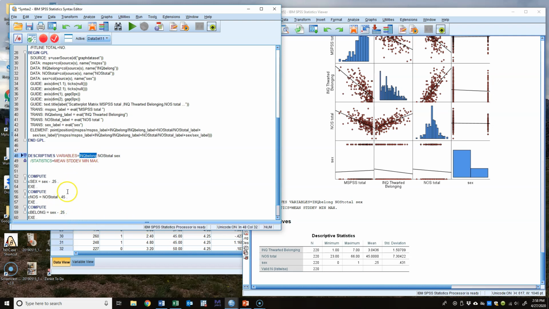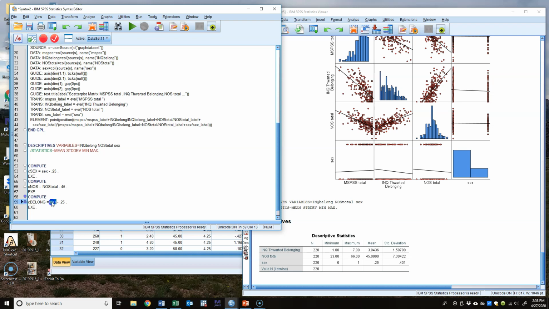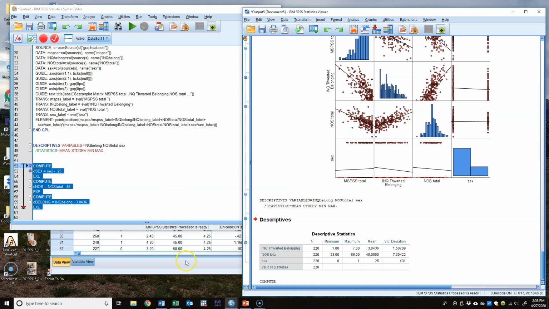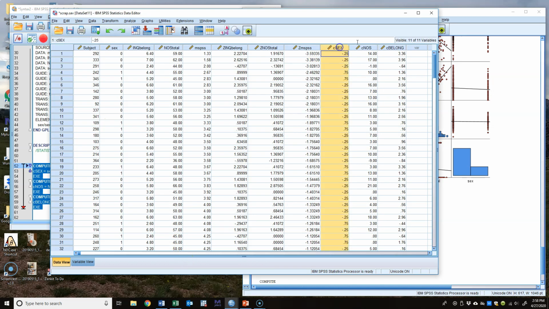Okay, so I take my INQ belonging, and I'm going to subtract a mean of 3.0436. Oops, 0.0436. Okay, I'm just pulling that from the mean here. All right, so I'm going to go through and I'm going to create these new variables. So here's my centered sex, centered NOS, centered belongingness.